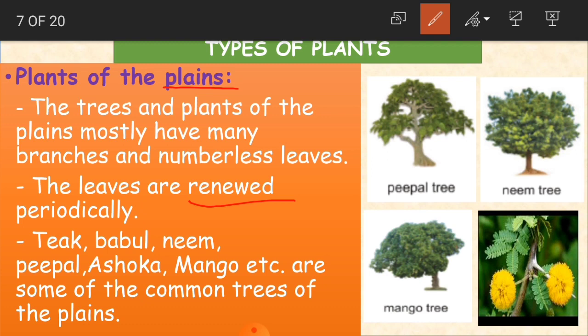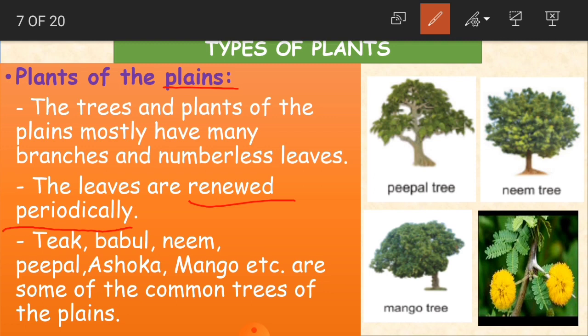And the leaves are renewed periodically. What do you mean by renewed? The leaves are renewed in the sense that they take birth again. They grow again and again. Periodically means, children, like we have our periods in school: first period, second period, third period, one after the other, 6 or 7 periods in a day.